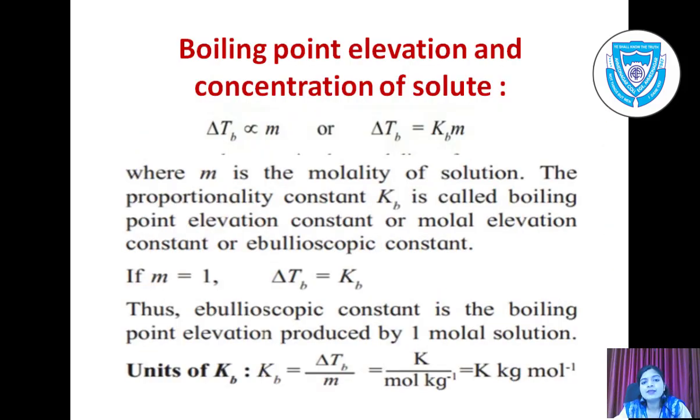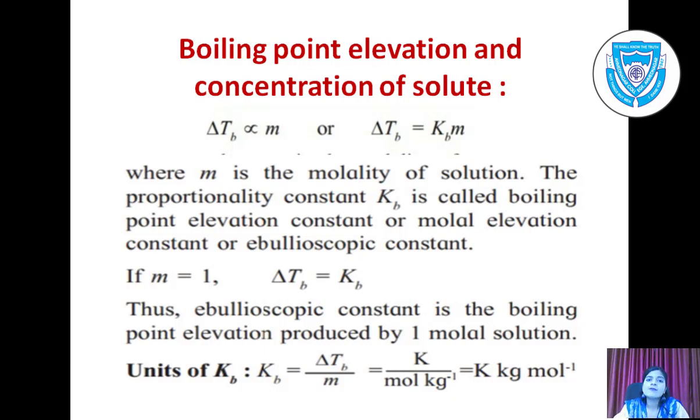Now, boiling point elevation and concentration of solute. This is important. Delta TB, that is elevation in boiling point, is directly proportional to m, that is molality. Therefore, delta TB is equal to Kb into m. What is Kb? This is the proportionality constant, also called the ebullioscopic constant or molar elevation constant.